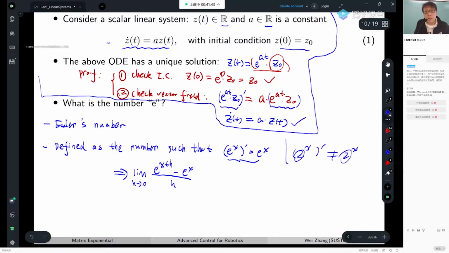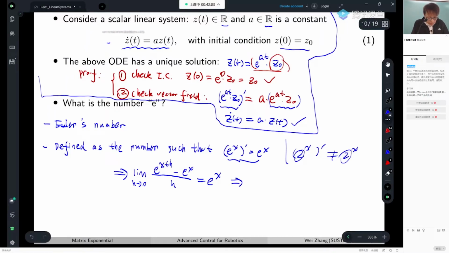So that's the E to the X derivative with respect to X. If you perturb X a little bit, that's the derivative with respect to X. And we should satisfy this. Is that true?